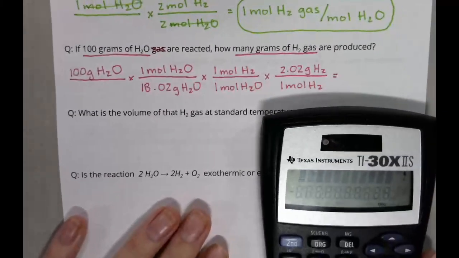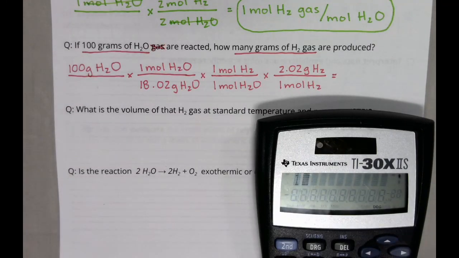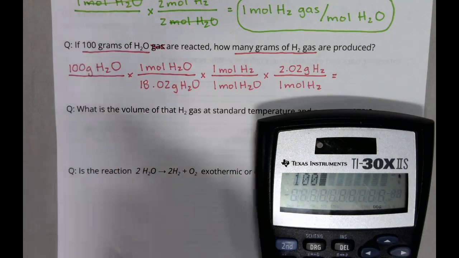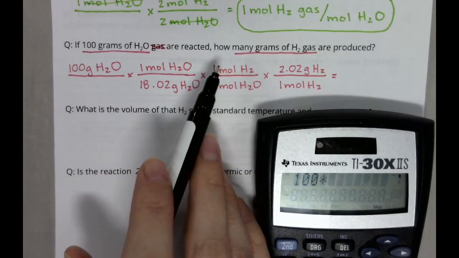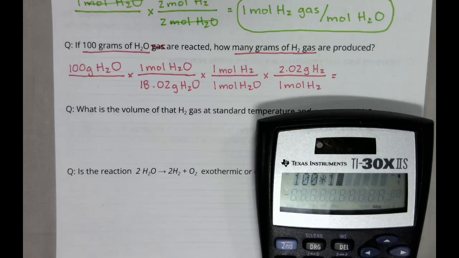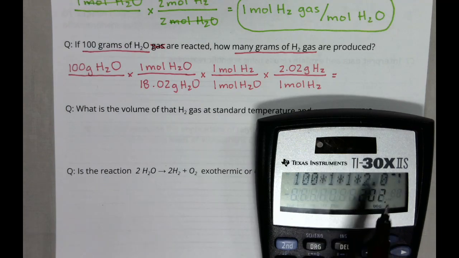And now here I'm going to show you how I calculated this. Let's see if we get the same answer. So we have 100 grams of H2O. We're going to multiply that by 1 times 2.02. Could you skip the ones? Absolutely. 1 times anything is whatever that thing was, but I'm not skipping them because I don't skip steps. So 202 on top.